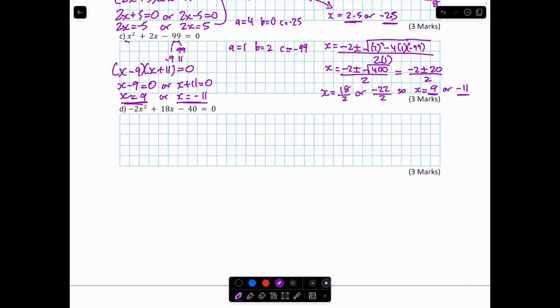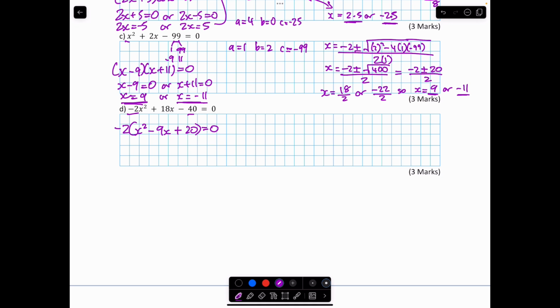Factorize, well, I can see here that negative 2 goes into everything, so remember that as a factor, x squared, 18x divided by negative 2, negative 9x, negative 40 divided by negative 2 is positive 20, equals 0.